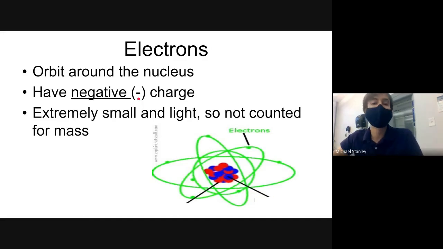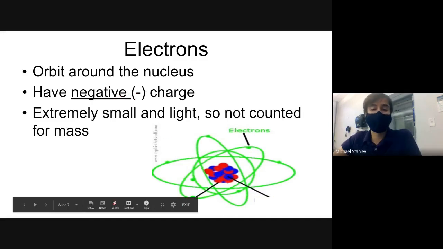It's not going to be fun to get a whole bunch of electricity going through your body. So that's the way that I try to remember that electrons are our negative charges. So we have our positives and our neutrals hanging out in the nucleus in the middle here, and then the negative electrons zooming around the outside.